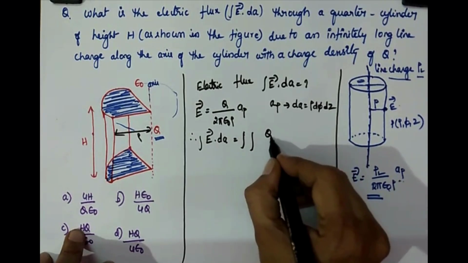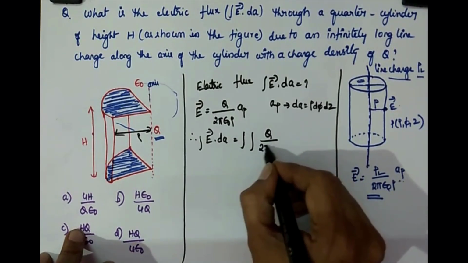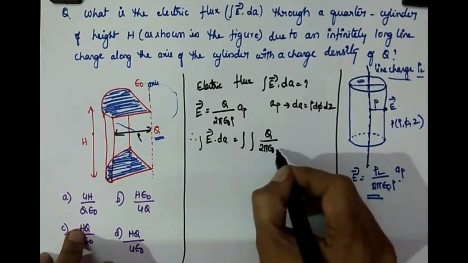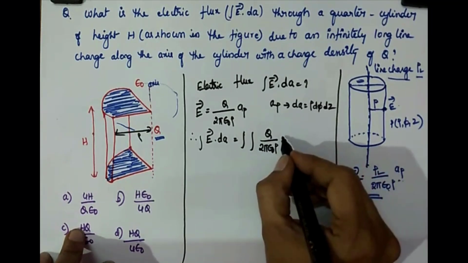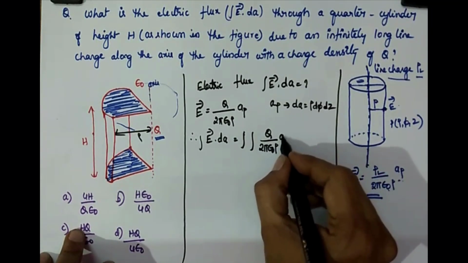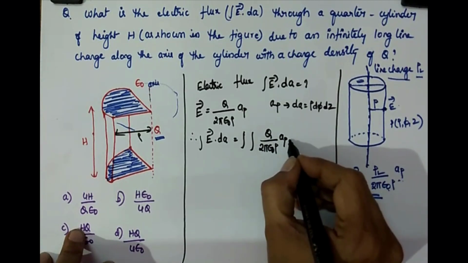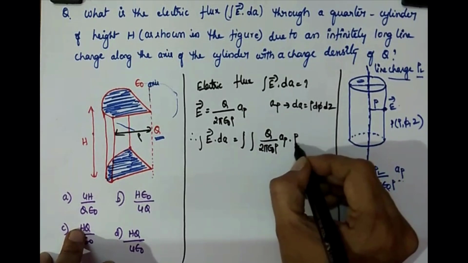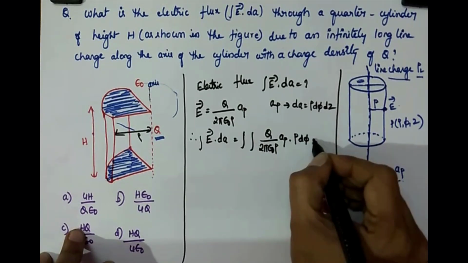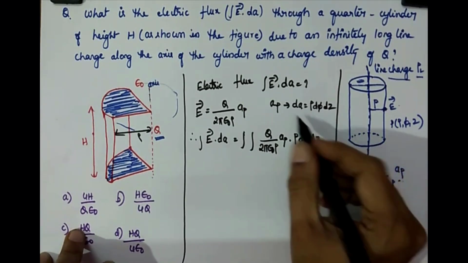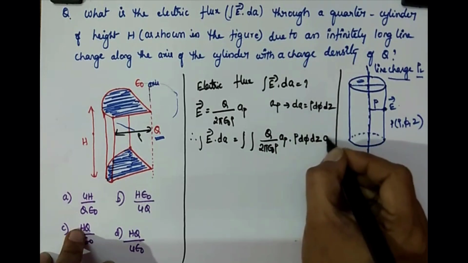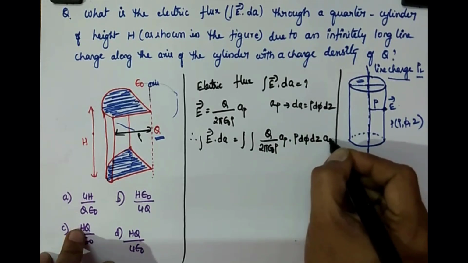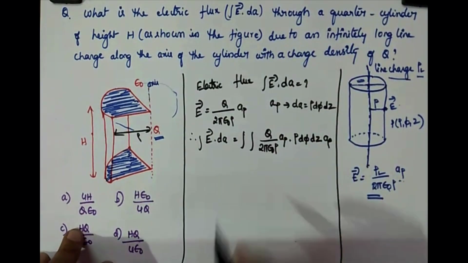Then just substitute E bar, Q by 2 pi epsilon naught rho A rho, dot dA, which is rho d phi dz in the direction A rho. So you have to write A rho here also.